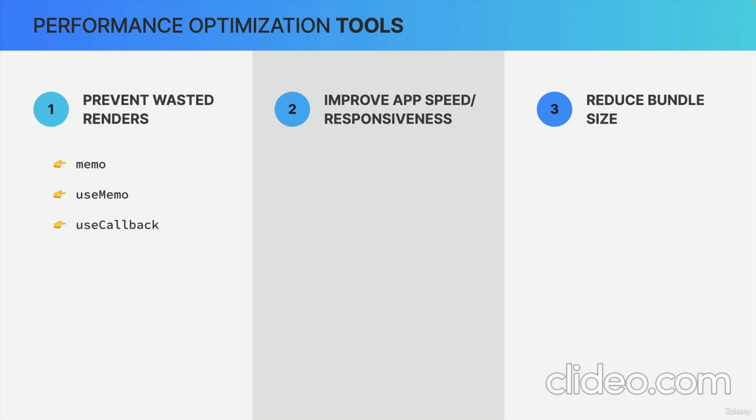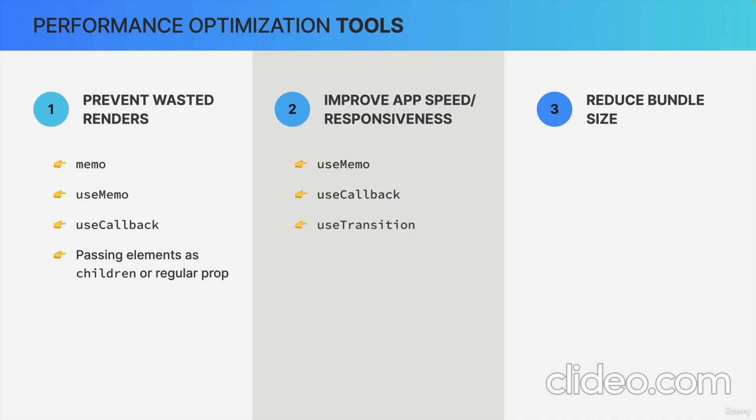We can also use a technique where we pass elements into other elements as children or as a normal prop in order to prevent them from being re-rendered. Now, to improve the perceived app speed, we can again use the useMemo and useCallback hooks, and we can also use the modern useTransition hook. And again, more about these later.